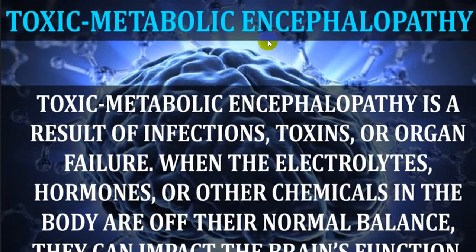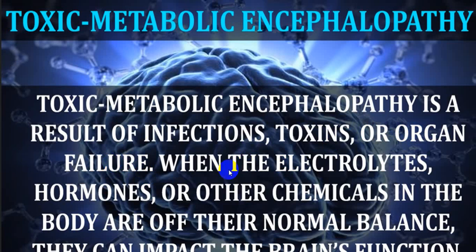Toxic metabolic encephalopathy will be very common whenever the brain gets damaged because of either infection, toxins, or failure of an organ. Classical examples of organ failure are hepatic encephalopathy and uremic encephalopathy. In hepatic, ammonia plays a major role, while in uremic encephalopathy an elevated level of urea plays a major role.